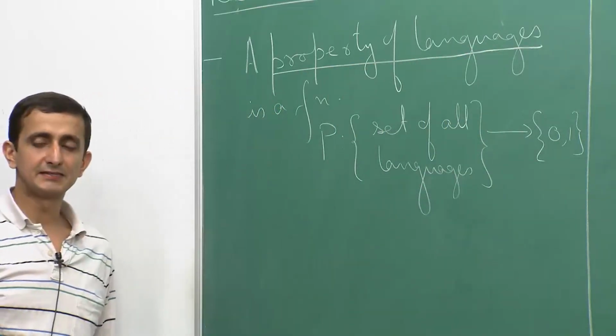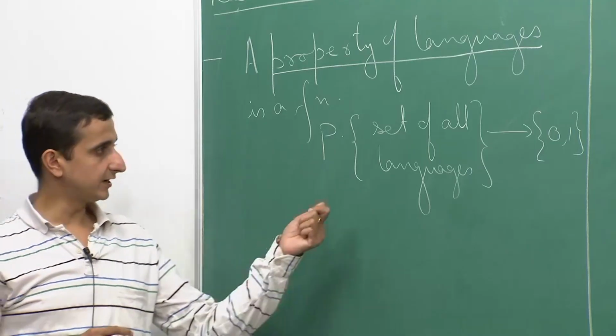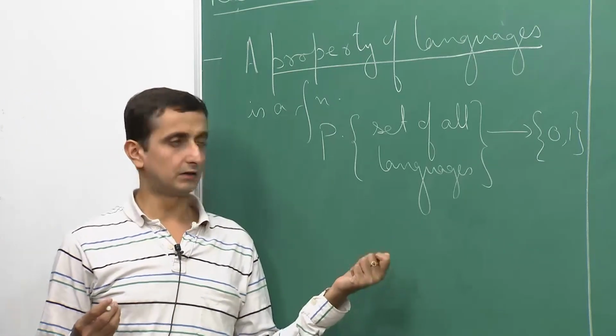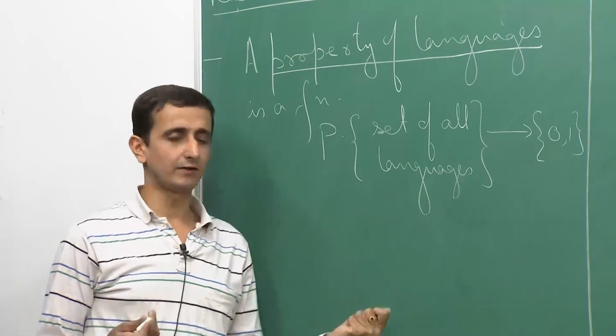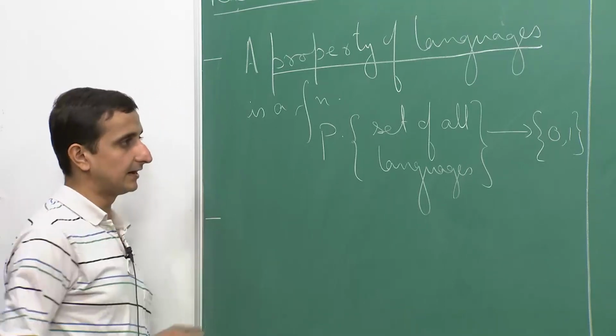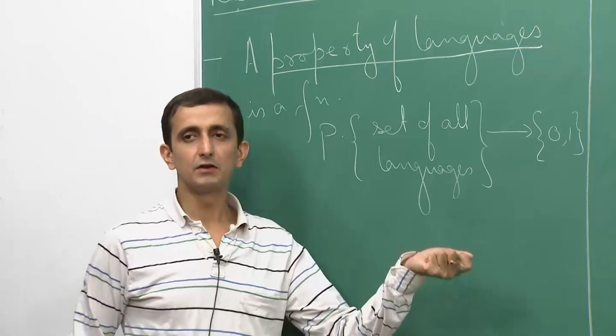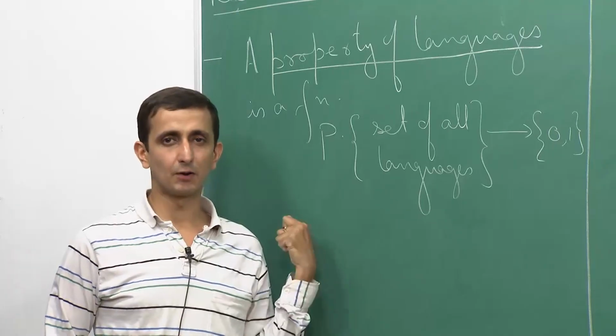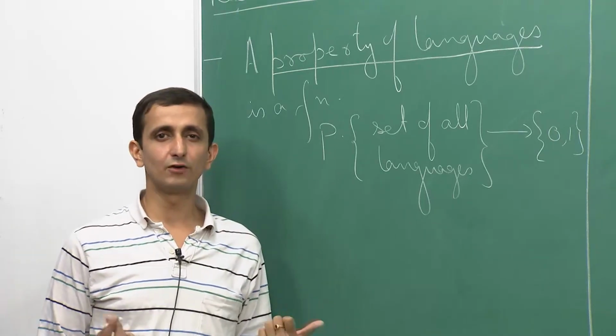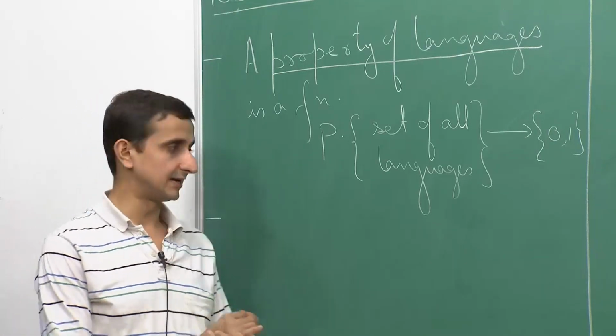Basically we associate with every language either 0 or 1. If we associate 1, we say that the language satisfies the property P, and if we associate 0, we say the language does not satisfy P.